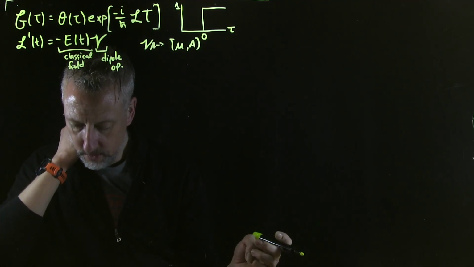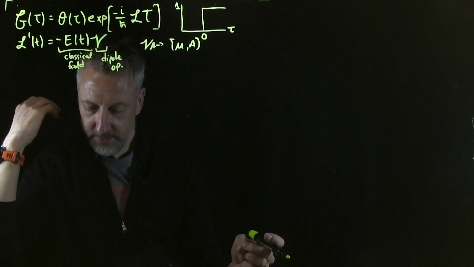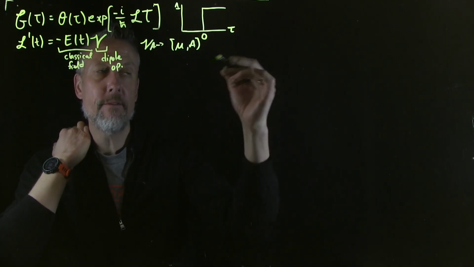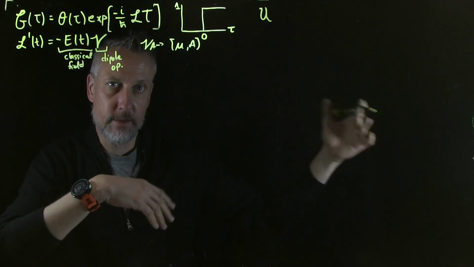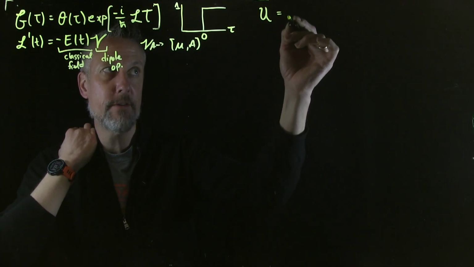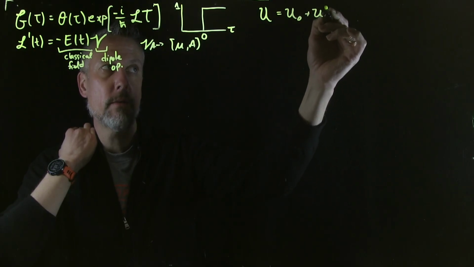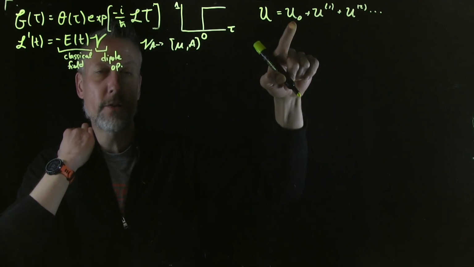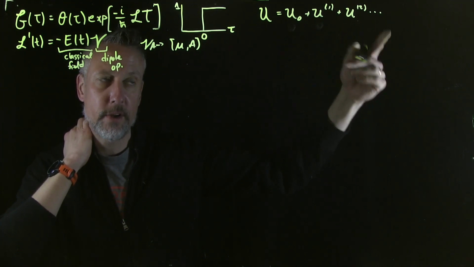Okay, so the basic recipe is that we're going to think about the time evolution operator as a series that we sum. We can imagine thinking of this as U naught plus U1 plus U2 and so on. This is with no perturbation, this is one power of the field, two powers of the field, and so on.